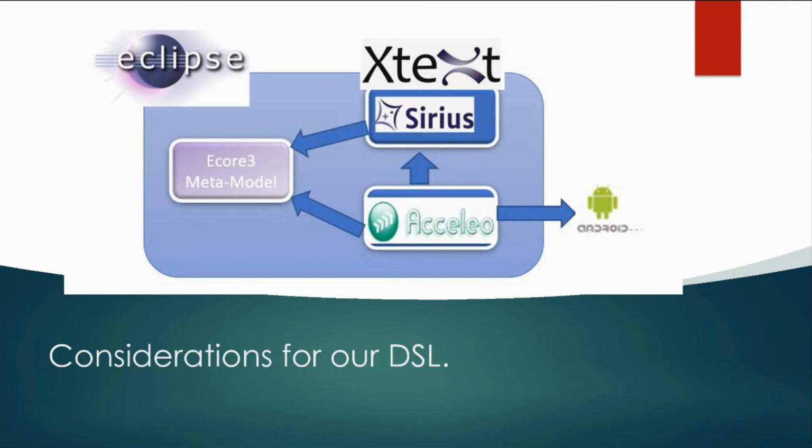And afterwards, we are going to use Xtext and Acceleo in order to create an Android application by using model to model and model to text.